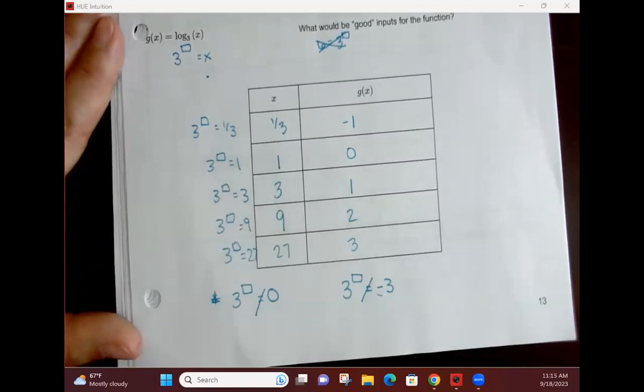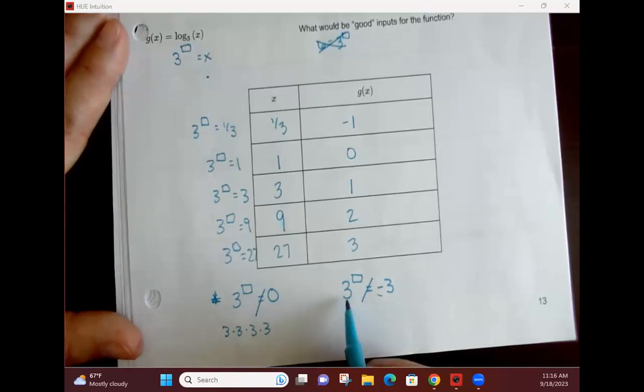These would be bad. Remember when we use an exponent, I'm saying 3 multiplied by itself some number of times. How many times do I have to multiply 3 by itself to get 0? I can't do that, right? And then remember, it's +3. How many times do I have to multiply 3 by itself to get -3?